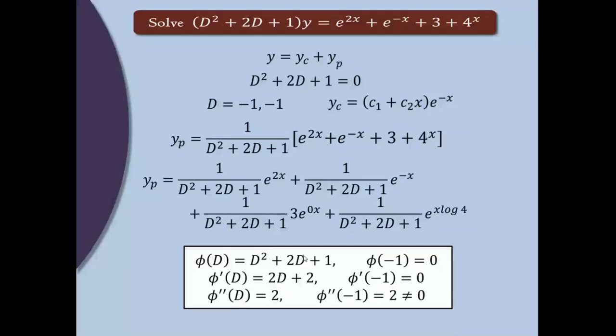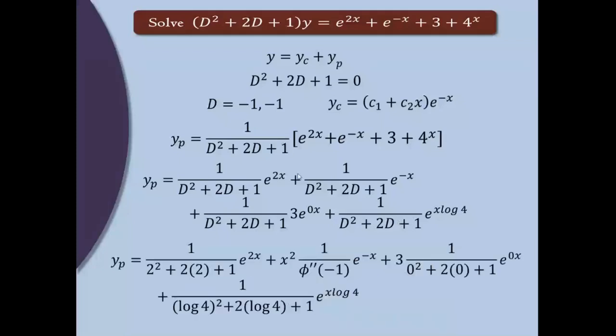So it becomes, replacing d by 2, we get this. The second derivative is non-zero, so we attach x square into that second derivative. Plus 3 is constant, take it outside, replace d by 0, and replace d by log 4. We get this. Simplify it, substitute the value of f dash of minus 1, that is 2.